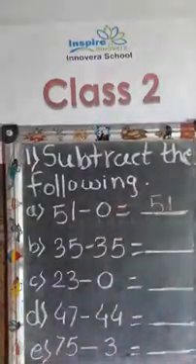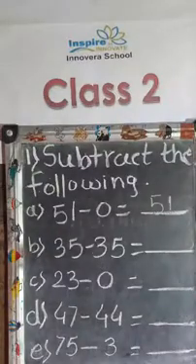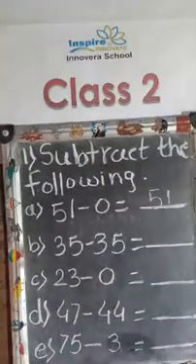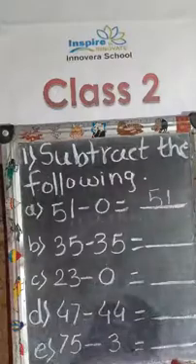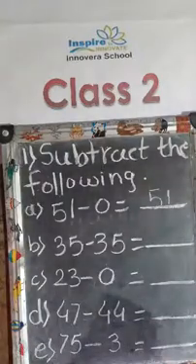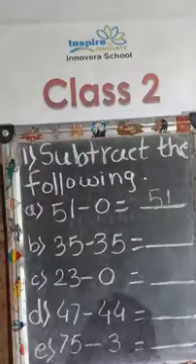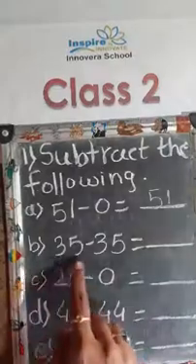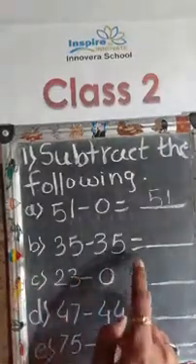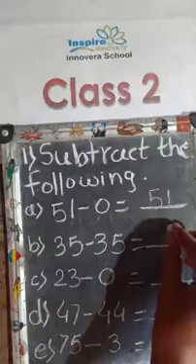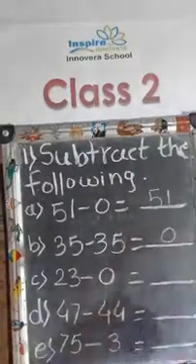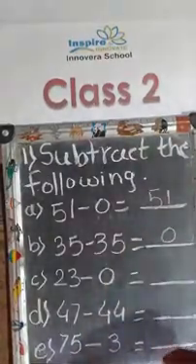Just now we have studied about the zero property. If I am having any number with me, I will get the answer as the number itself. Now here 35 minus 35 is equal to 0.